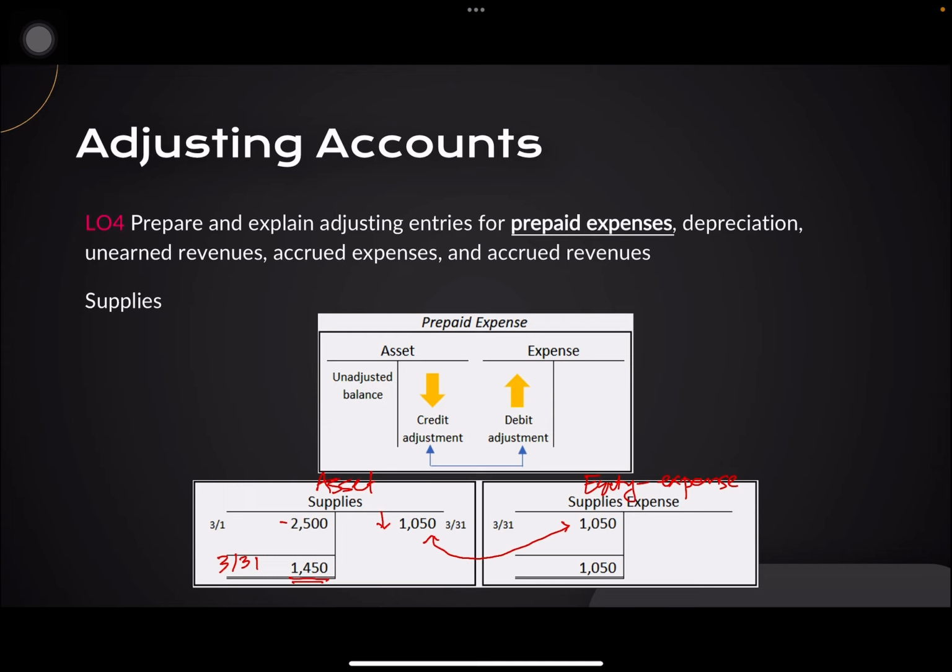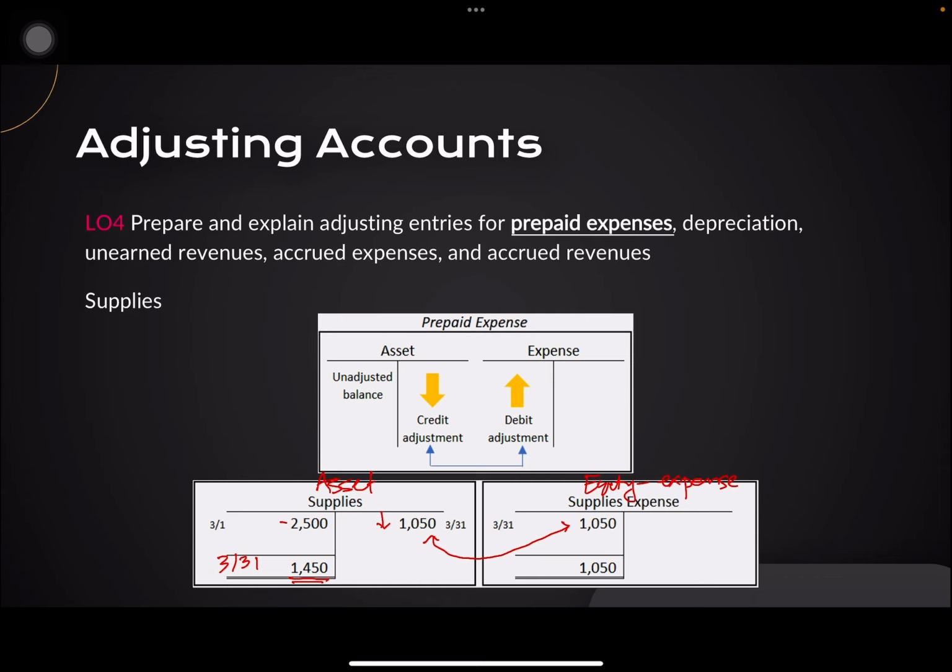That's the first question. My second question would be, how much is your supplies account as of March 31? The answer there would be 1,450. How did I get 1,450? I subtracted 2,500 by 1,050. Okay, so that's the second question. And my final question here would be, how much is your supplies expense for the month of March?